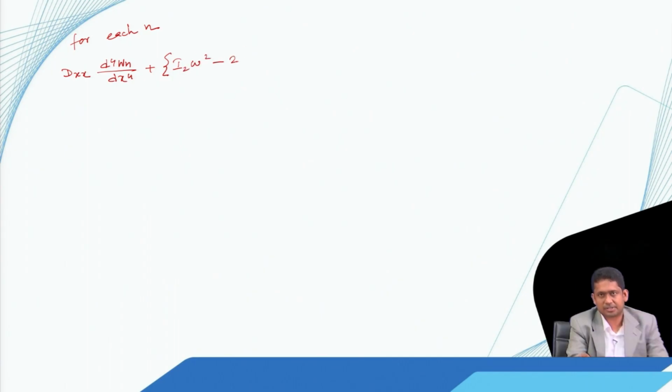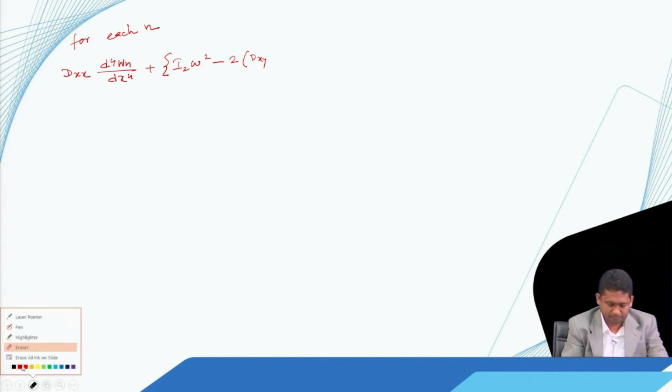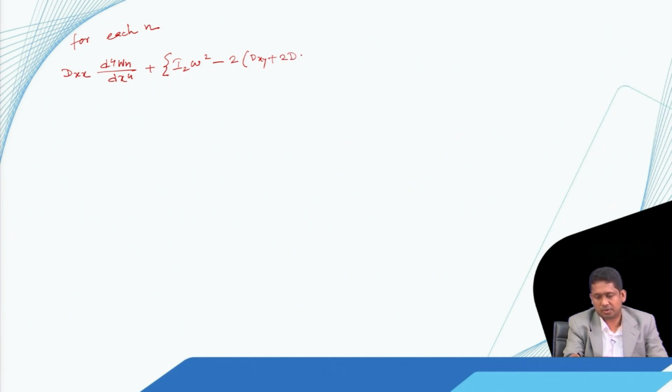we get an equation of this form. If I just arrange the terms a little bit, Dxx multiplied by d4 wn by dx4 plus I2 omega square minus 2 Dxy plus 2 Dss, and then we have n square pi square by b square, and finally everything is multiplied with d2wn by dx2.